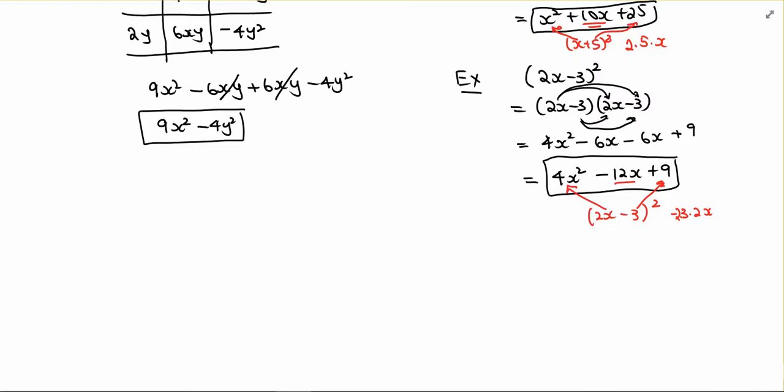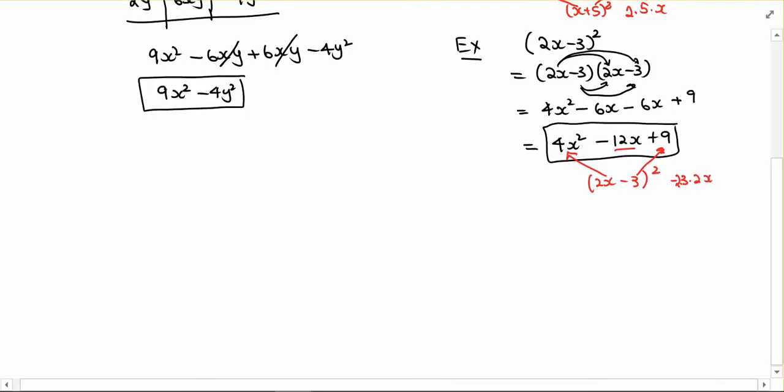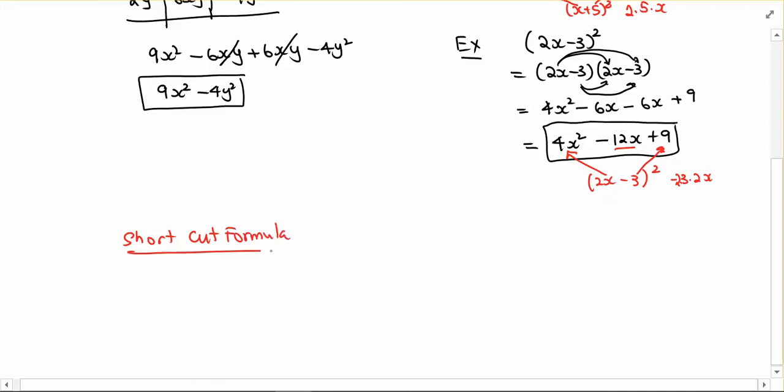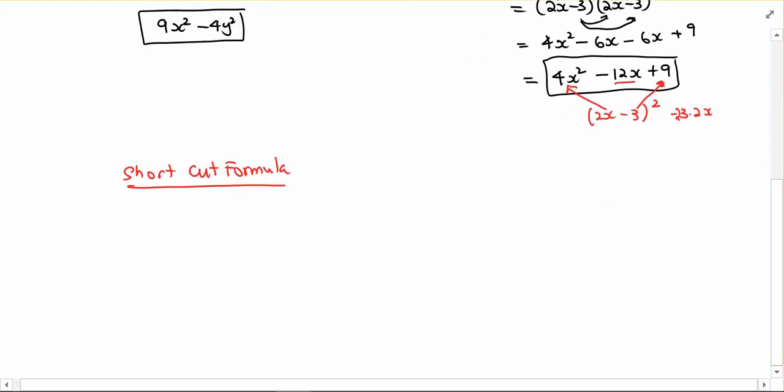If you want to use this, you can always distribute, but there's a shortcut to this. And the shortcut formula is a plus b squared.